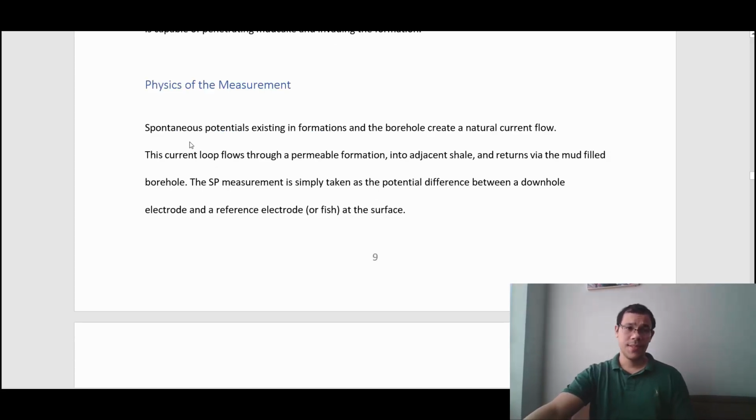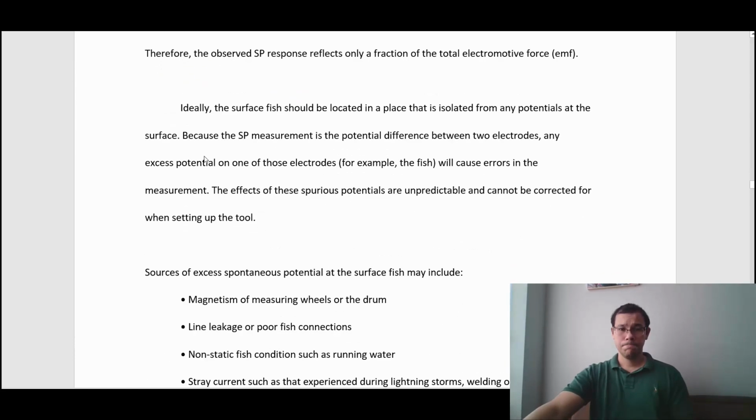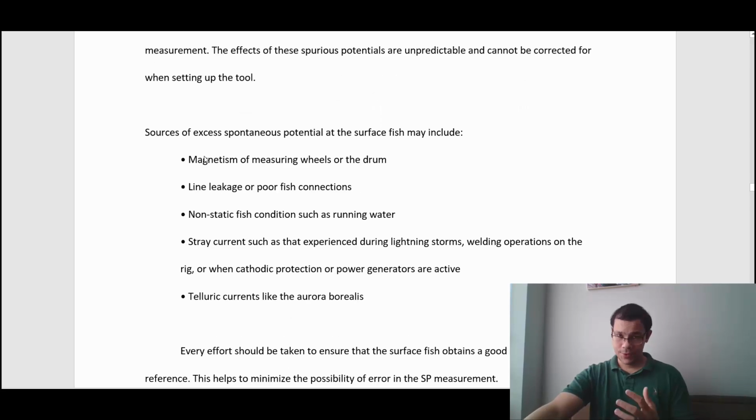When we're talking about the physics of the measurement, I just want to say that again. It is a really small voltage, so things like welding operations around could give you erratic readings. Cathodic protection, storms. If there's a leakage in the wireline, that current will also affect your SP readings.